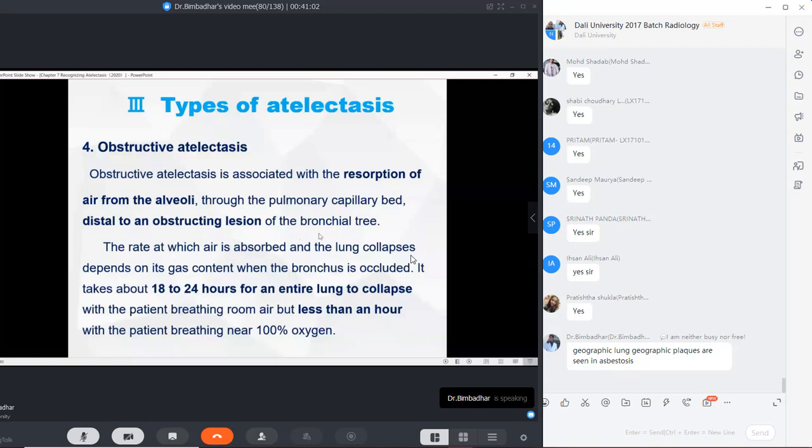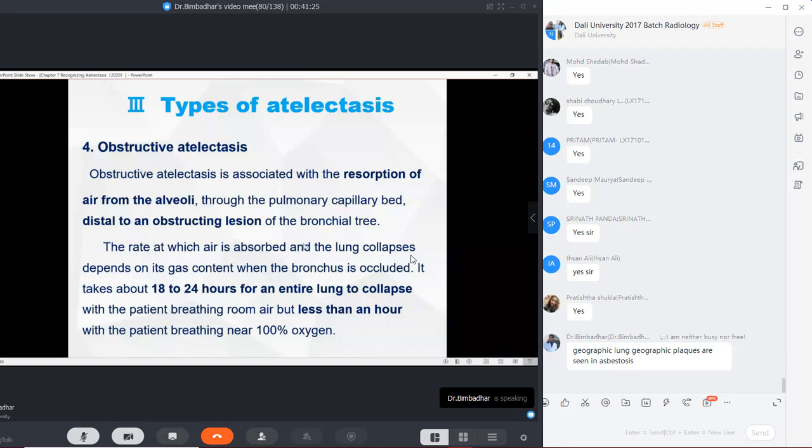Collapse takes place within 18 to 24 hours, and if supplied with oxygen, it will develop within an hour, though the entire collapse takes around 18 to 24 hours.